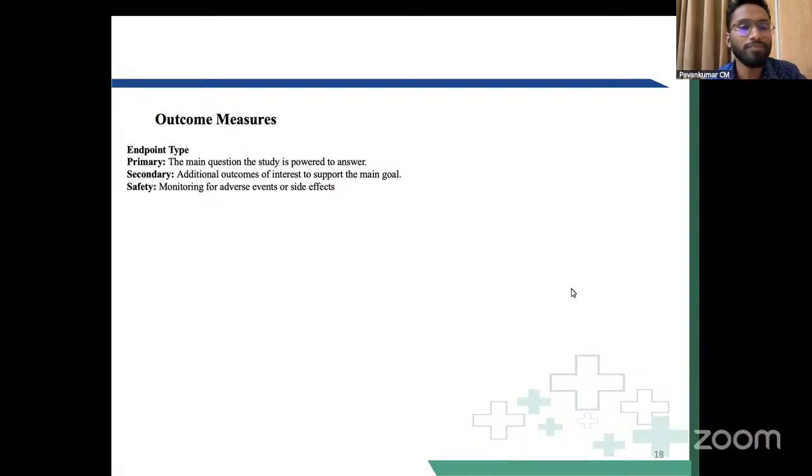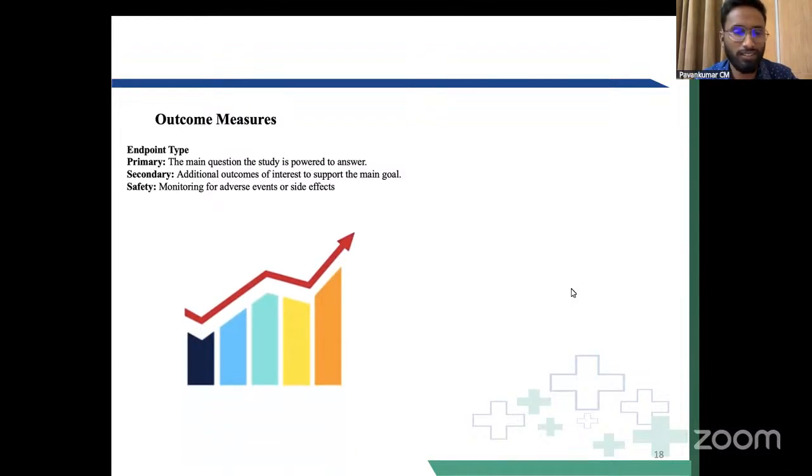And endpoint types: the primary objective we have kept is the main question the study is powered to answer, reflecting the main goal of the study, and is the basis of sample size calculation or hypothesis testing.